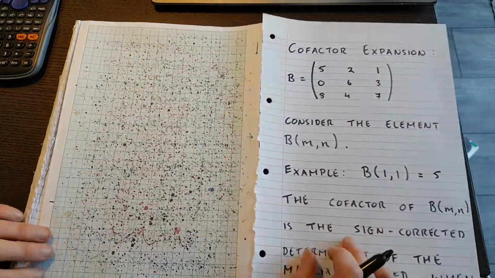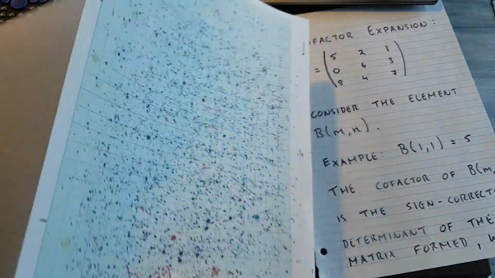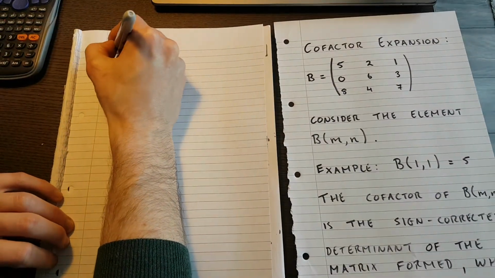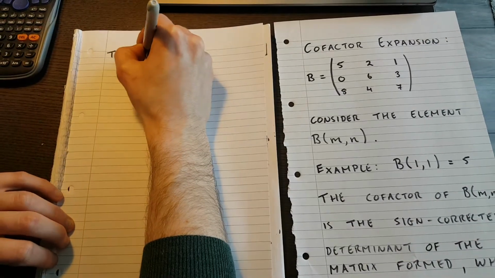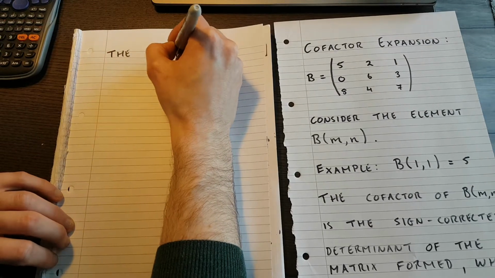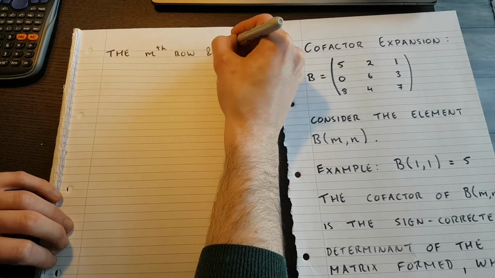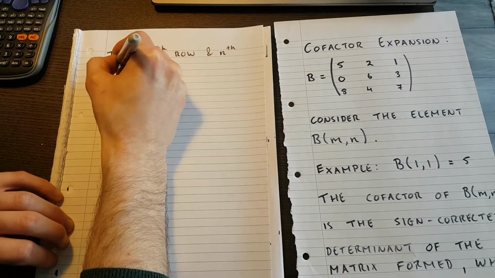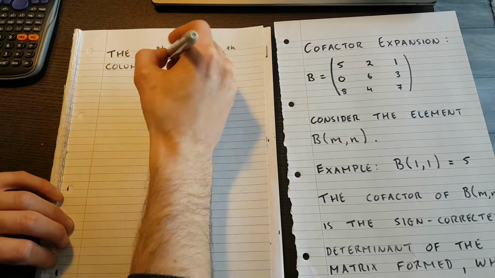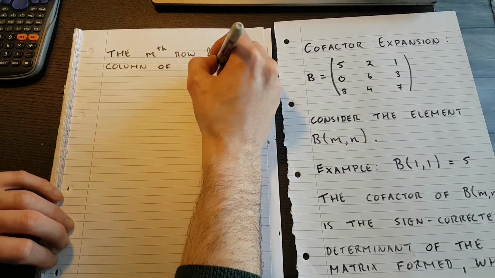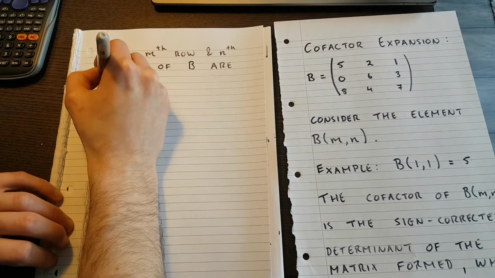Exactly the same as before. I delete the mth row and nth column. And these are deleted.